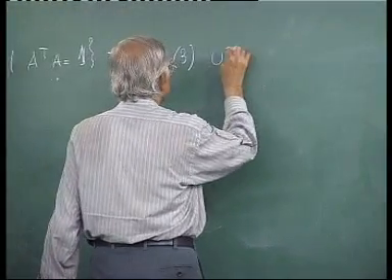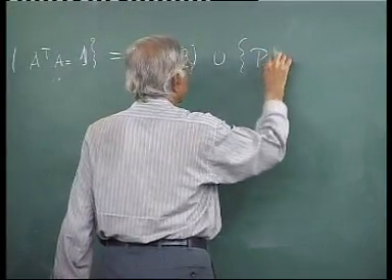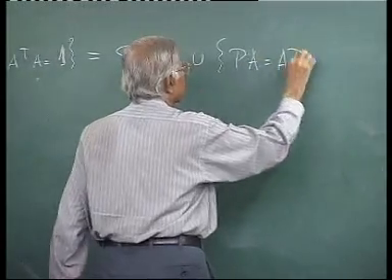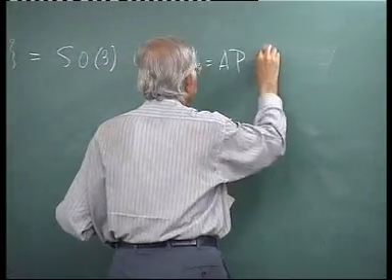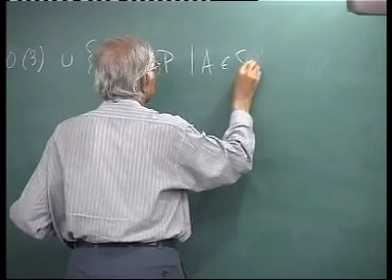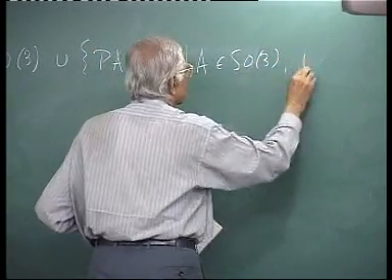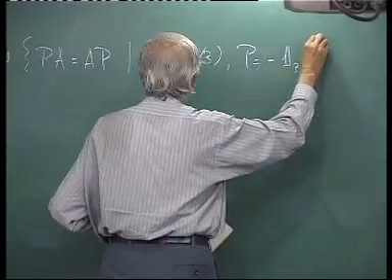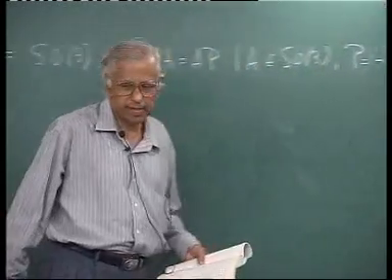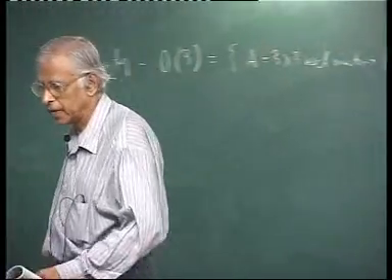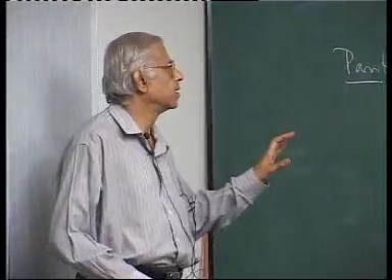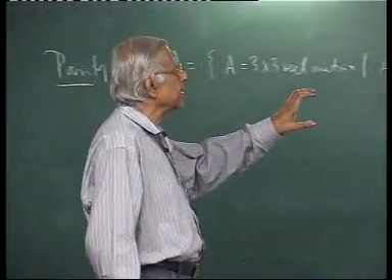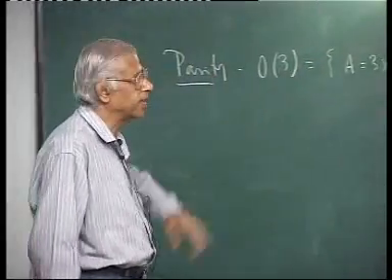And what are the others? They can be written as all those matrices in the group O3 which are of the form SO3 times the negative of the unit matrix.